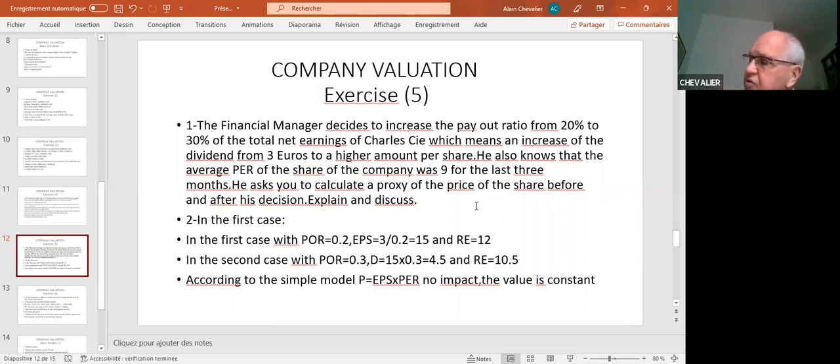This is quite interesting also because you understand there's a kind of bias in this approach. You had a 20% payout ratio, you move to a 30% payout ratio, we'll be able to calculate the new dividend and the impact of the decision.